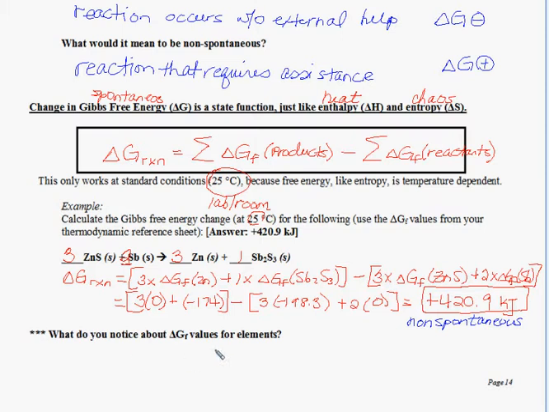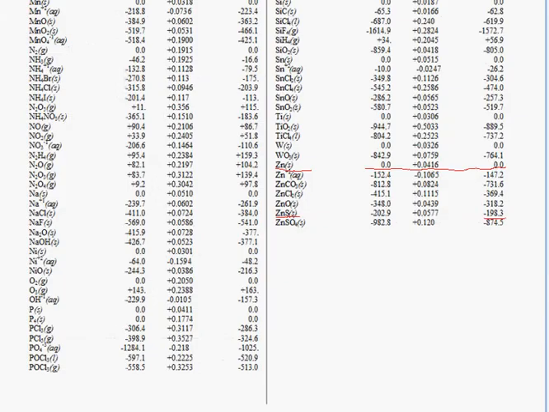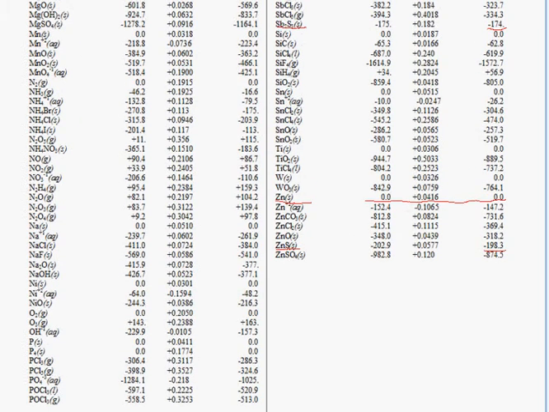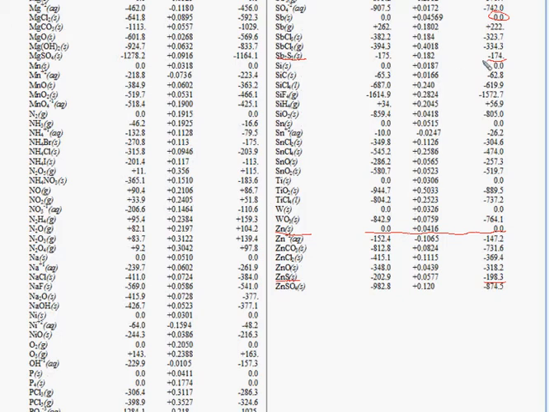What do you notice about the delta G formations for all of the various elements? As we saw here with the zinc solid and the antimony solid, if it's the natural state of the substance, the formation of delta G will in fact be 0, very much like the enthalpy is 0.